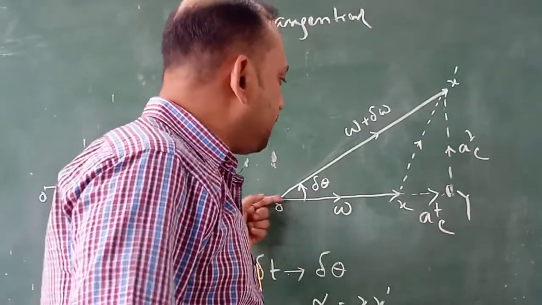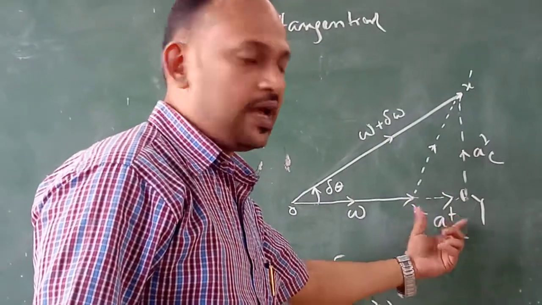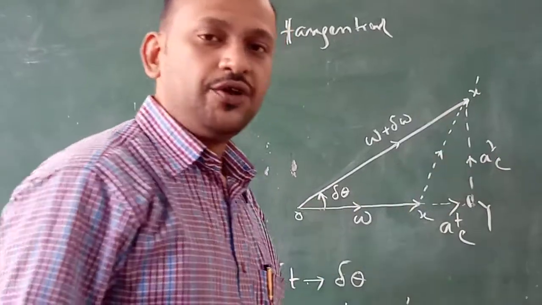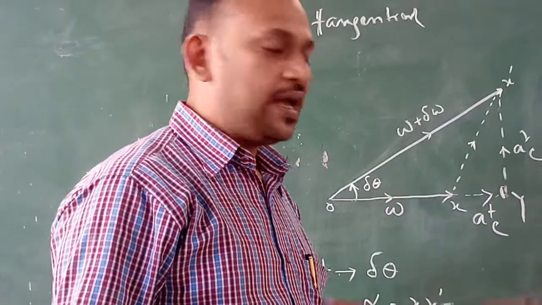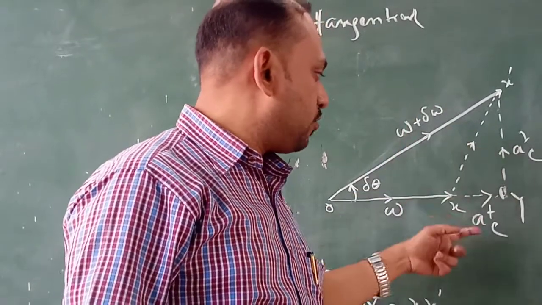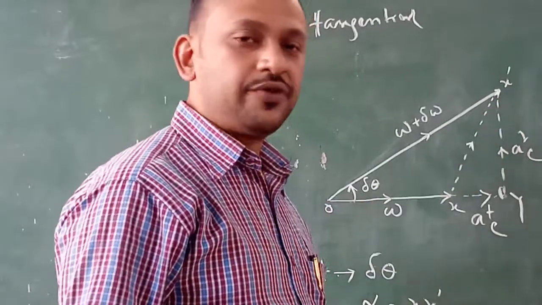Why tangential? Because it is traversing in this direction, so it is the tangential component, and perpendicular to it is the radial component. Both of them will have certain effect on the system, and the actual acceleration will be the vector summation of the tangential component and the radial component.